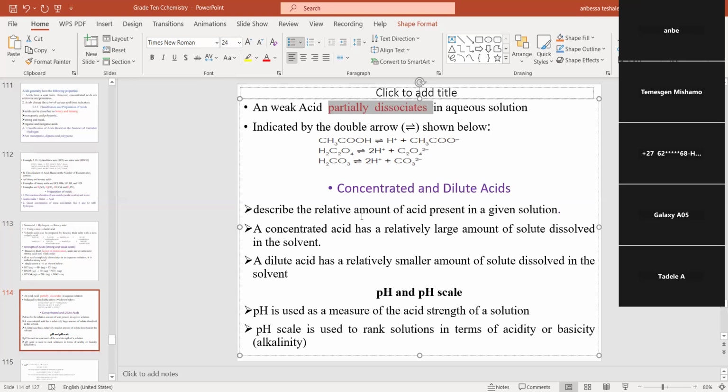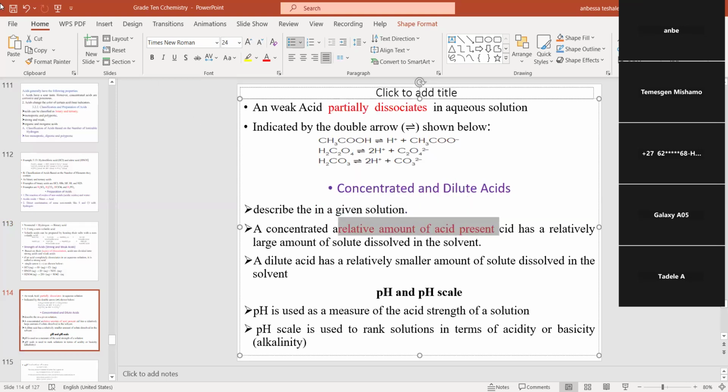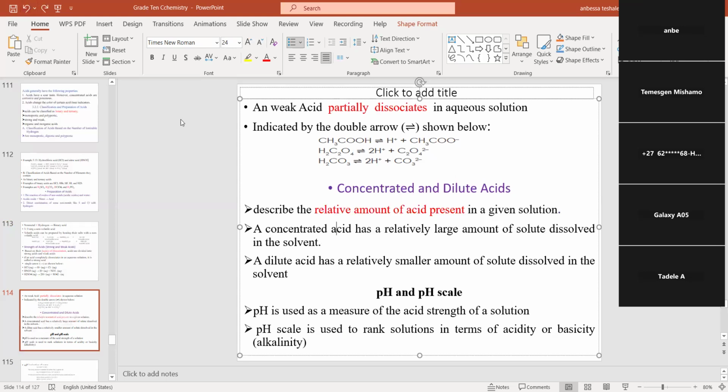Concentrated and dilute acid. When you come to the concentrated and dilute acid, it depends on the amount of acid. Amount of acid ላይ depend የሚሆነው nature ላይ አይደለም. It depends on the relative amount of acid present in the given solution. Relative amount. If you dissolve a large amount of acid in a given solvent, you will get concentrated acid.